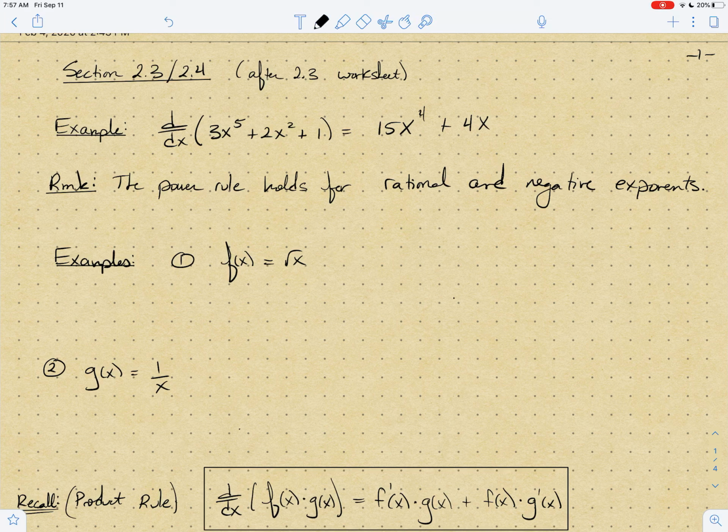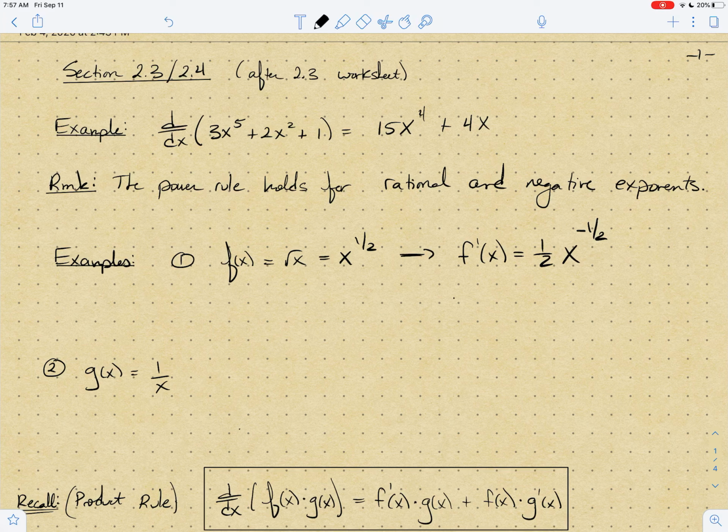It's kind of nice. So you can think about root x as the same thing as x to the 1/2, and so that means that by the power rule, f prime of x is pull that power down, so I'm going to get 1/2 x to the, and then it's this power subtract 1. So 1/2 minus 1 is negative 1/2.